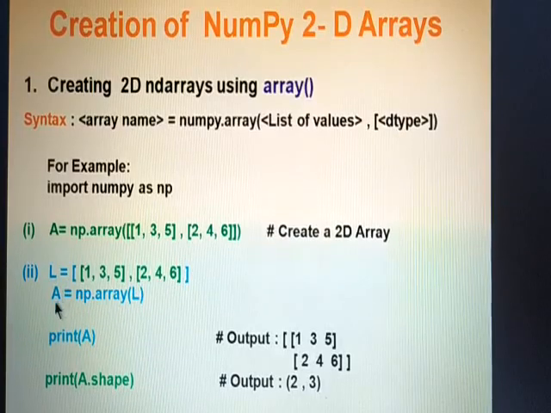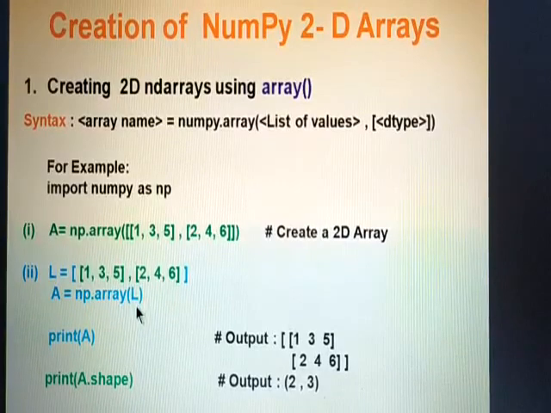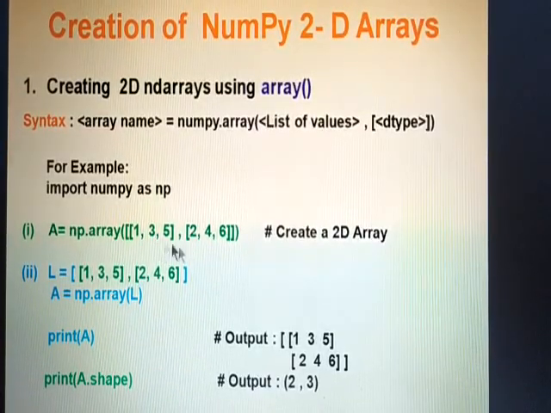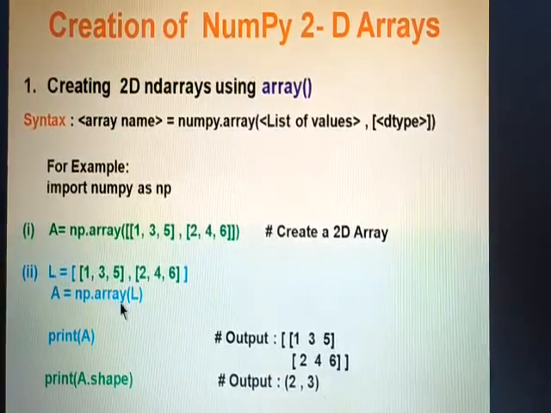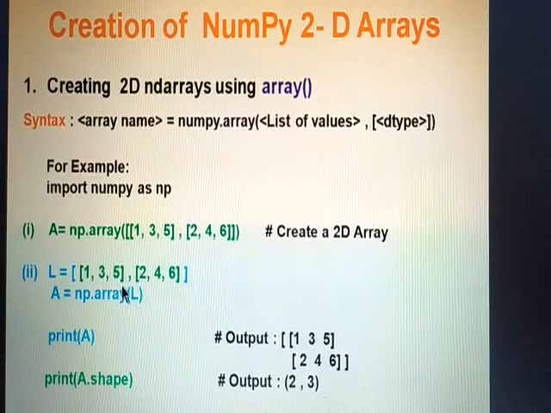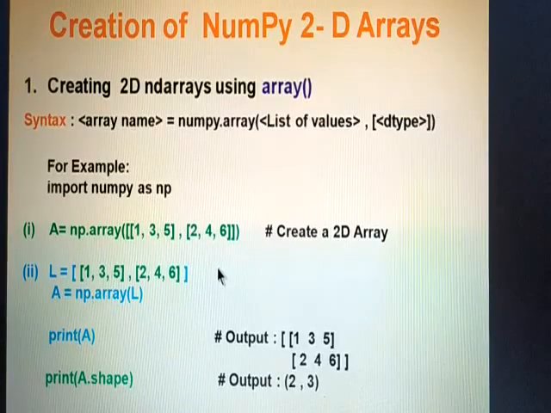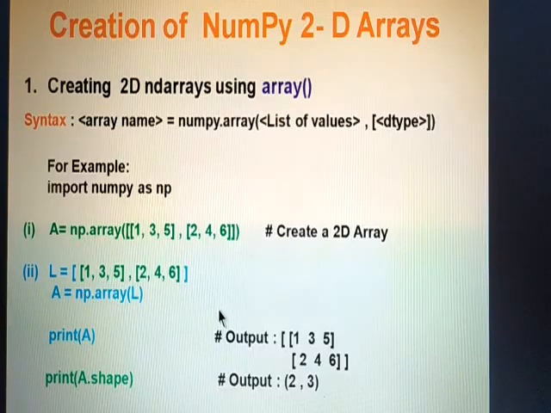Now A equals np dot array of L. Either you directly pass the value as a nested list, or you create the list and then pass the list for creating the two-dimensional array. So array will create a two-dimensional ndarray as the passed L is a nested list.